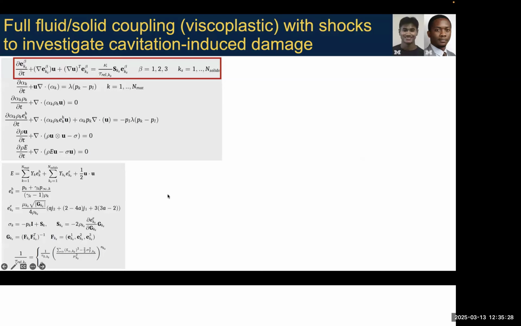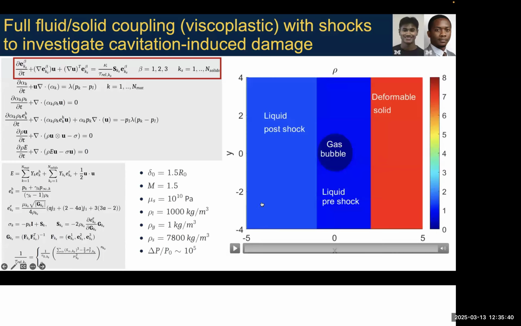We've also been extending these approaches. In the same way as we're representing these gas liquid flows, we could do the same thing with solids as well. I don't want to go into too much detail in terms of the models, but let's say we are looking at bubble collapse near solid surfaces. We may be in scenarios where the solid itself could deform under the implosion of a cavitation bubble.